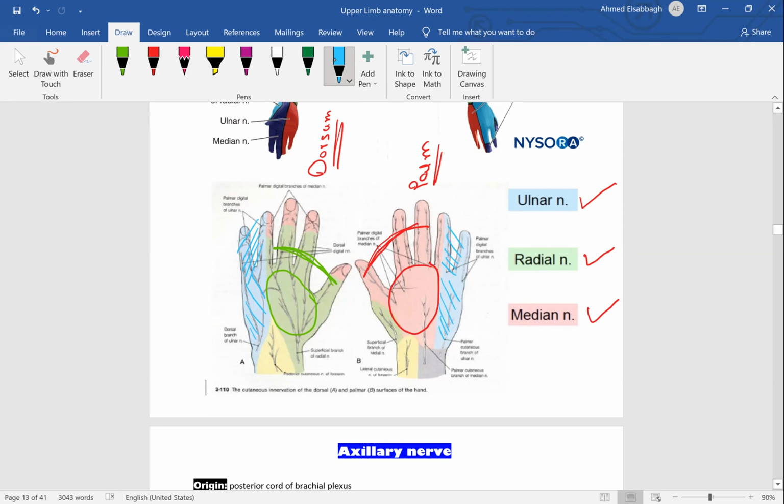The examiner will tell you that a man, while smoking a cigarette, burned the tips of his fingers. So what will be the carrying nerve of this sensation? It will be median, not radial. Okay?